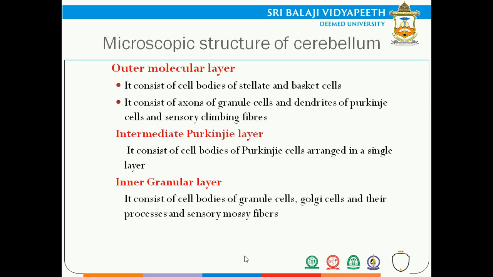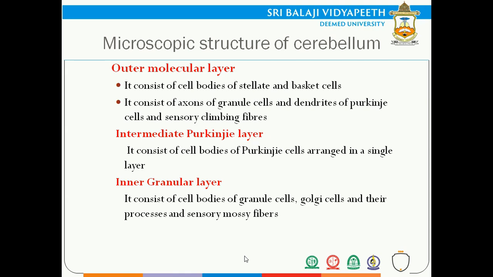Coming to the microscopic features, the cerebellum has an outer molecular layer, which is made up mainly of stellate and basket cells. Okay, so it consists of the axons of granule cells and dendrites of the Purkinje cells.